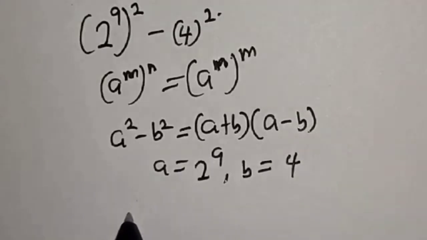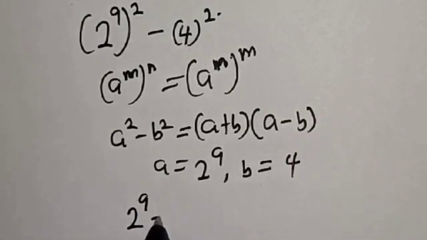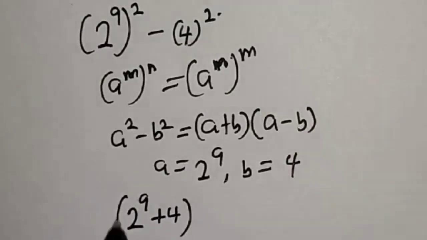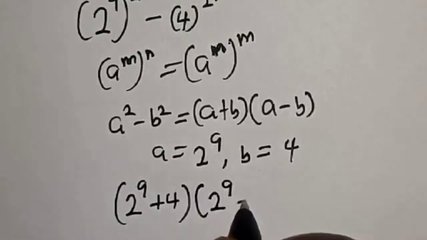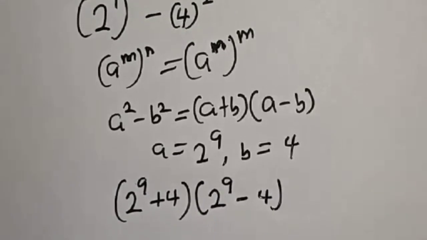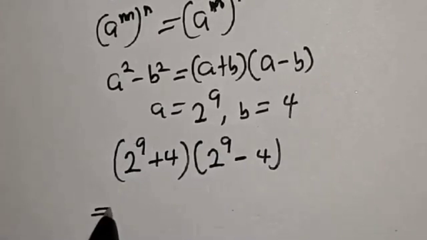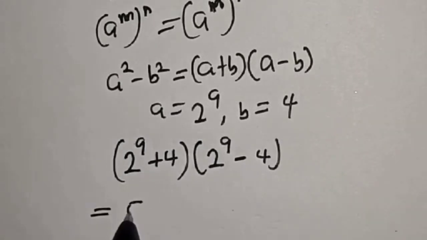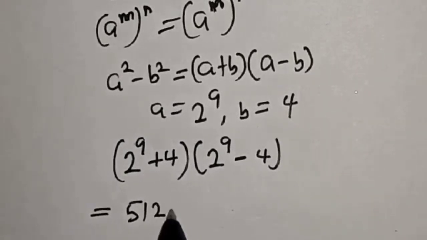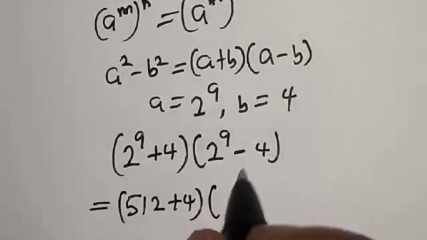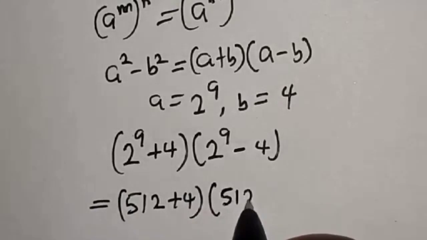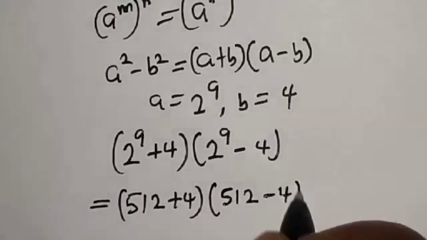Let's substitute. 2 raised to power 9 plus 4, multiplied by 2 raised to power 9 minus 4. Then this is equal to 2 raised to power 9, which is 512, plus 4. Then multiplied by 2 raised to power 9, which is 512, minus 4.